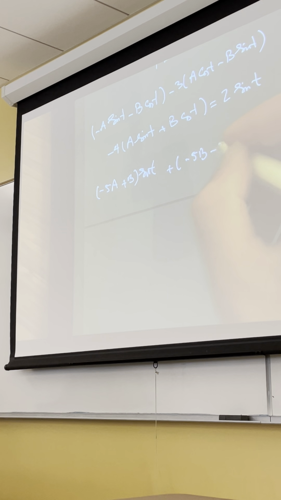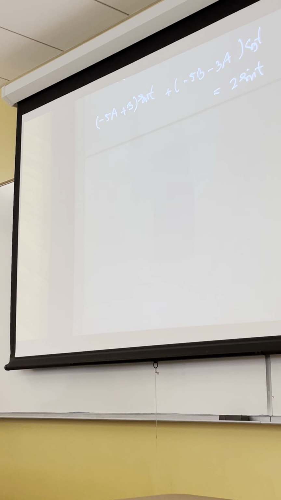Minus 3a is equal to sine of t. So here's the easy part: matching coefficients. The coefficient of sine on the right side is 2. On the left side it is negative 5a plus b, so negative 5a plus b has got to be equal to 2.